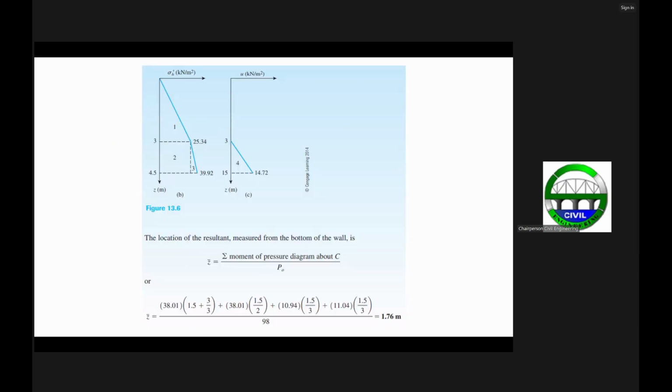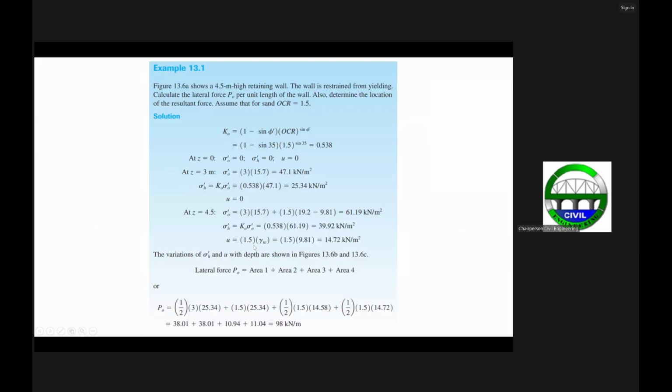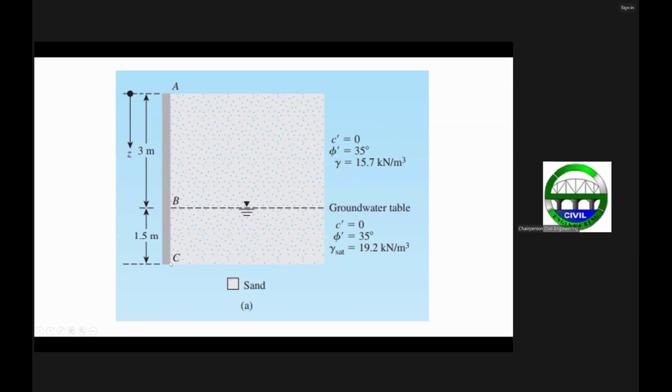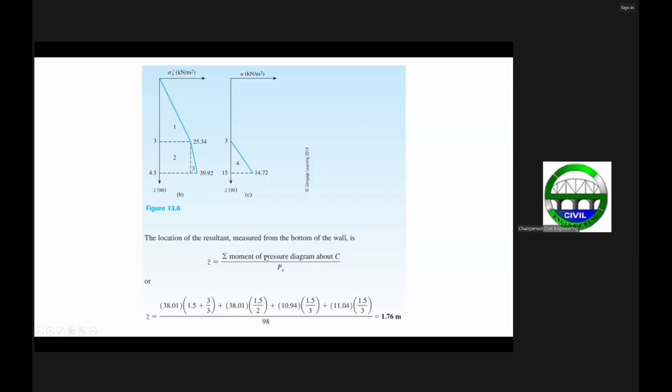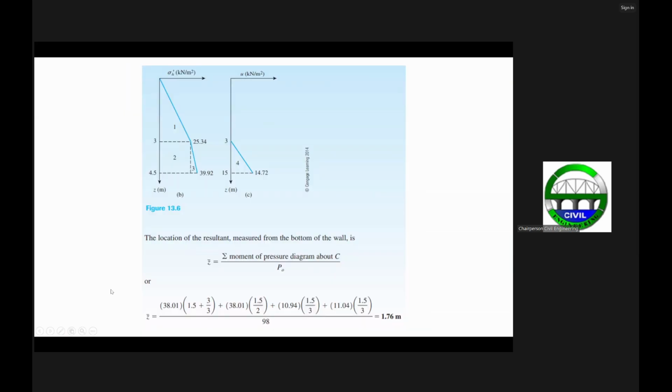And so to locate now the resultant force, we just sum up moments of the pressure diagram about point C here. If you sum up moments, you have the force times the distance.